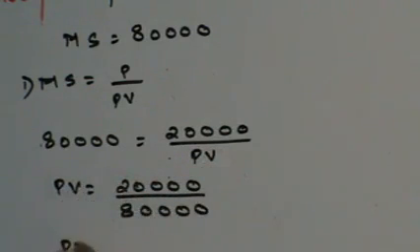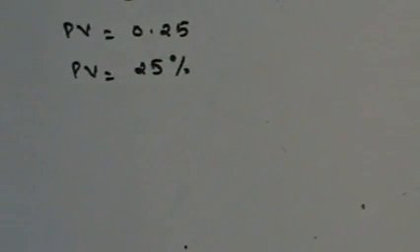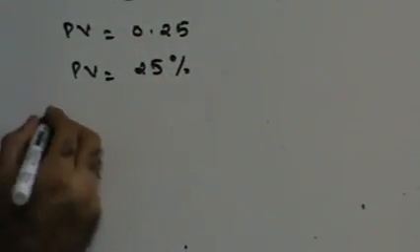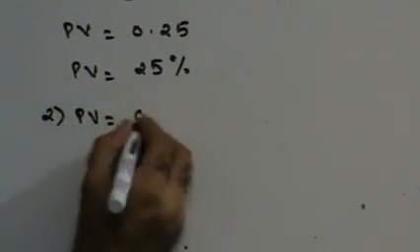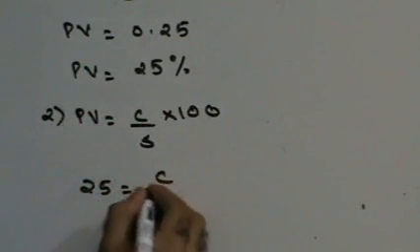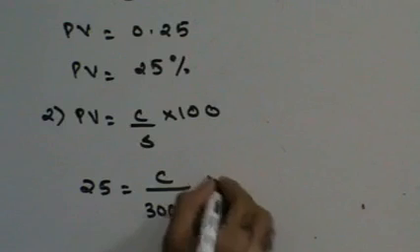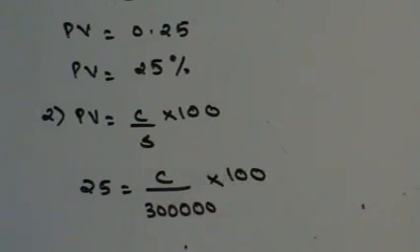0.25. If I convert this into percentage, this will be 25%. How do I convert it into percentage? Multiply by 100. Once I have this, then I can say that PV is equal to C upon S into 100. 25 is C upon S. S is 3 lakhs into 100.